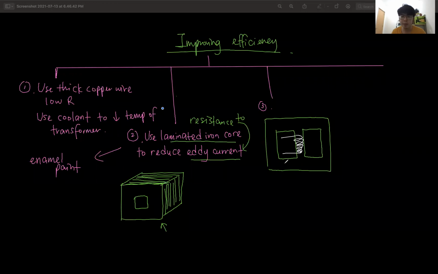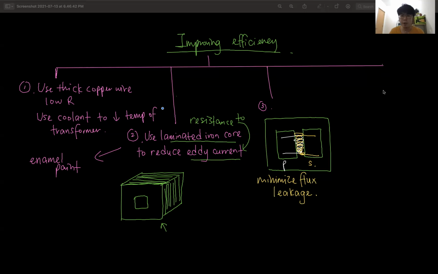And the secondary coil is coiled on top of it, so the connection is intertwined. One is on top of another. Why do this? Because they want to minimize flux leakage, so that most of the flux is being transmitted. So this is changing the design.